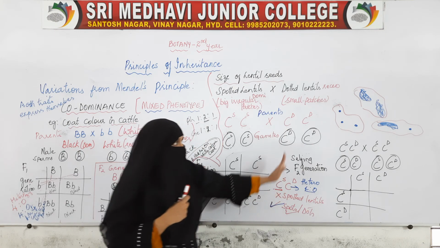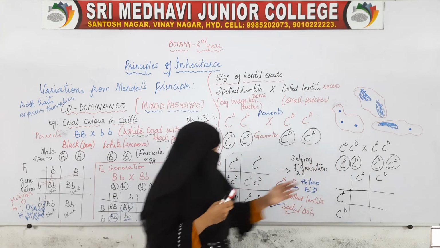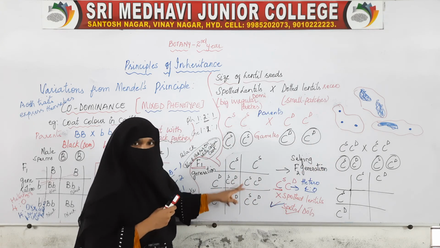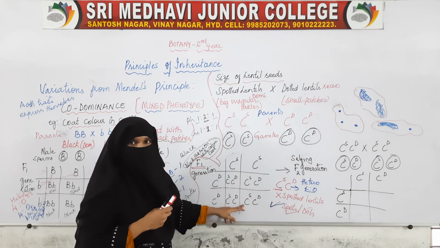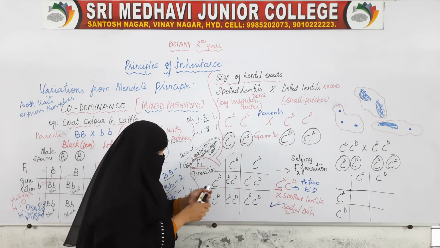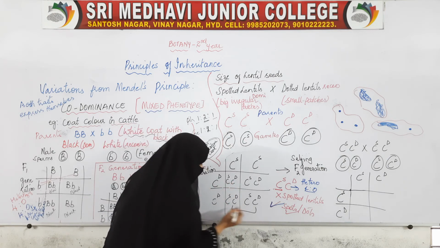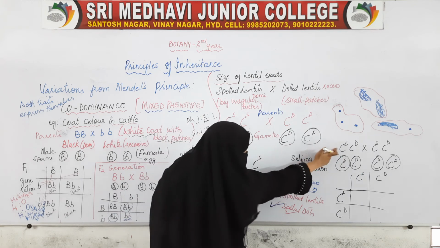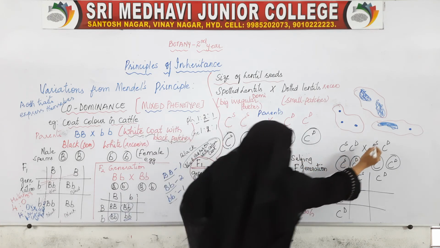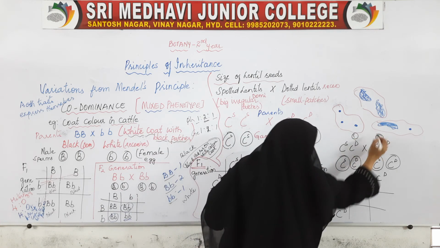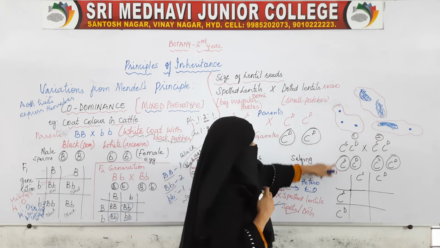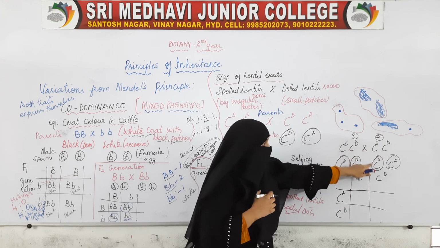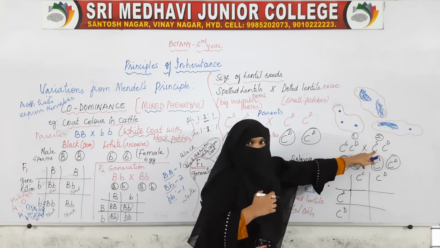If you do it in the F2 generation, out of these 4 offspring, we cross 2. One CSCD and another CSCD. So we are crossing. The gametes we get are CS, CD and CS, CD. These will be separated.